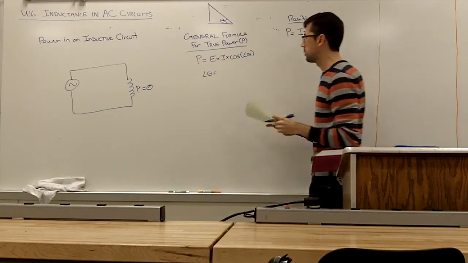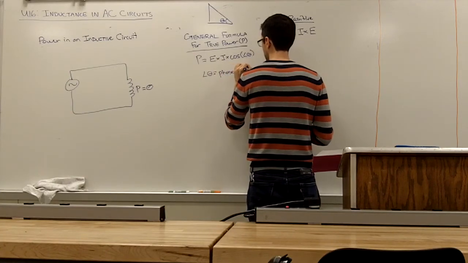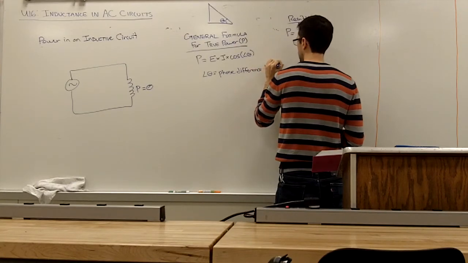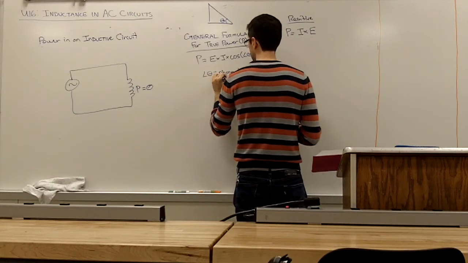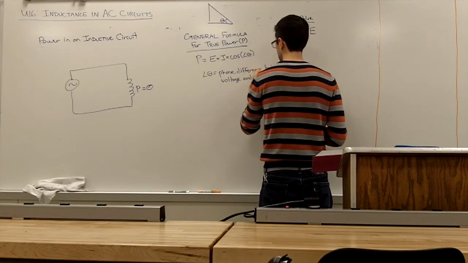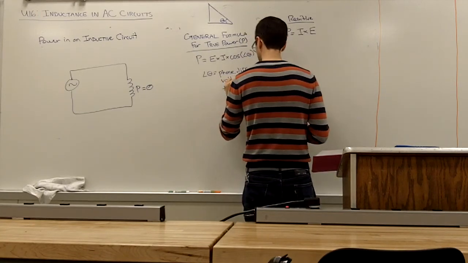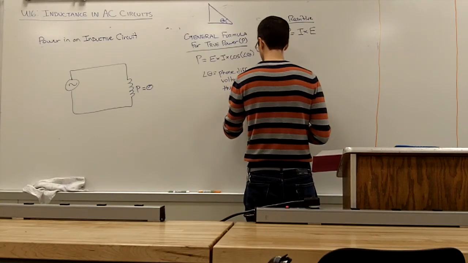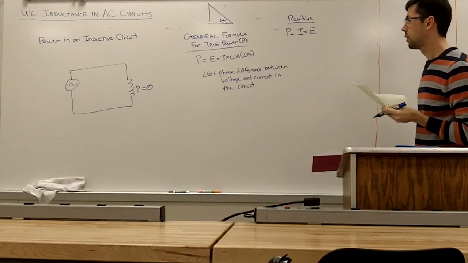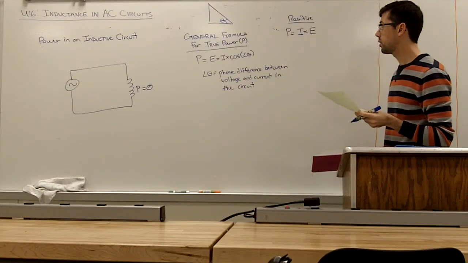And so angle theta in an electric circuit is the phase difference between the voltage and current in the circuit. Now remember, for a purely inductive circuit, the phase difference between voltage and current is 90 degrees.